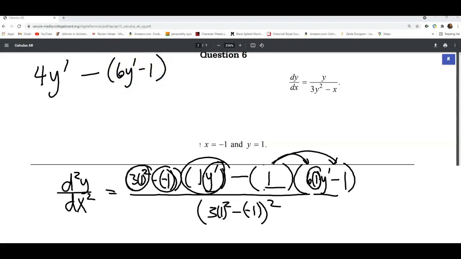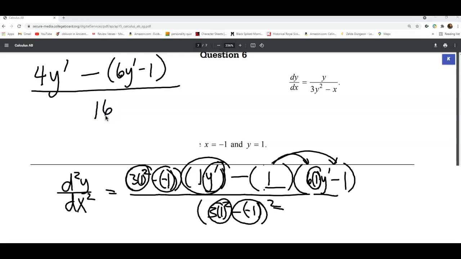Notice that I left parentheses on here because if you want to get rid of the parentheses, you can just distribute here, but I'm going to leave them on there for now. On the bottom, we have 1 squared is 1 times 3 is 3, plus 1 is 4, squared is 16. So my denominator there is 16.